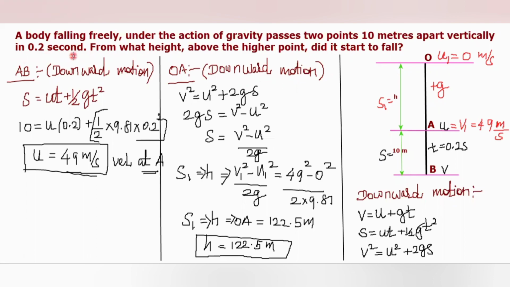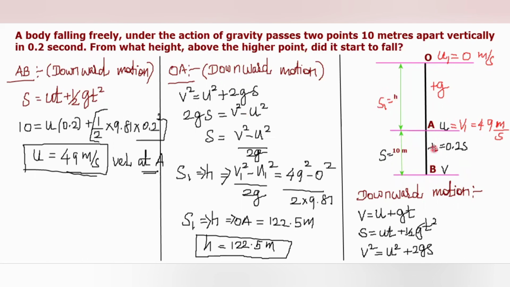It will take 0.2 seconds only for these particular points located at a distance of 10 meters. So here we have to calculate, from point A, the height in the vertical direction where it starts its motion. That h we have to calculate in this numerical.